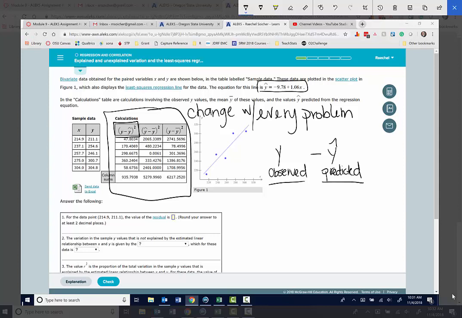Together, these represent the sum of squares error, right? So how far off, how wrong are we about our predicted values from our observed values? So we'll label this column sum of square errors.